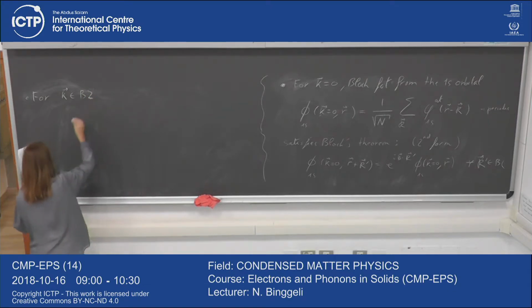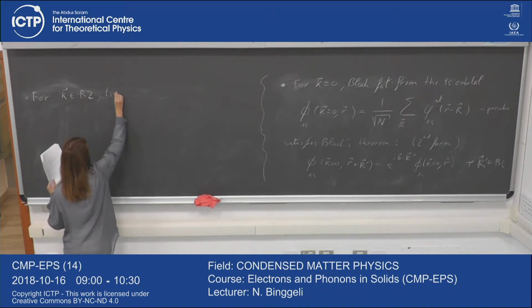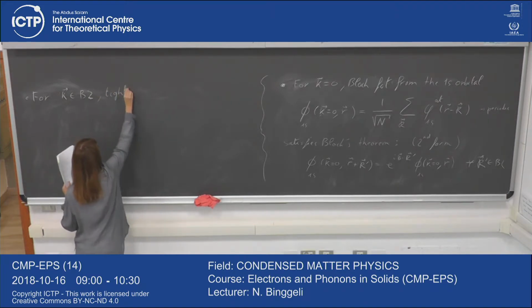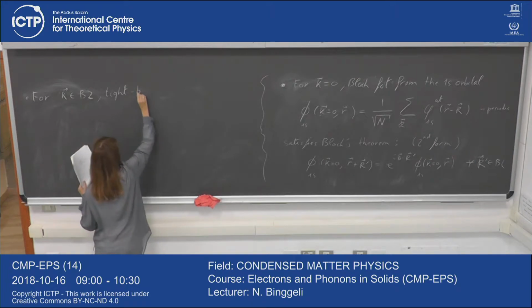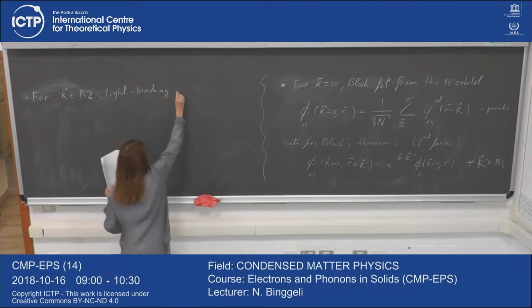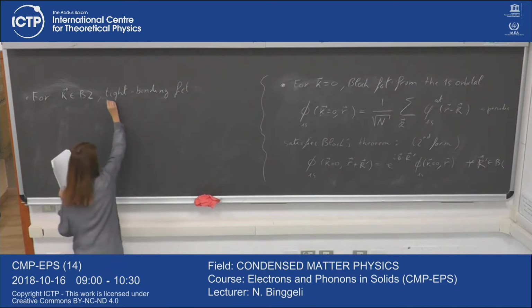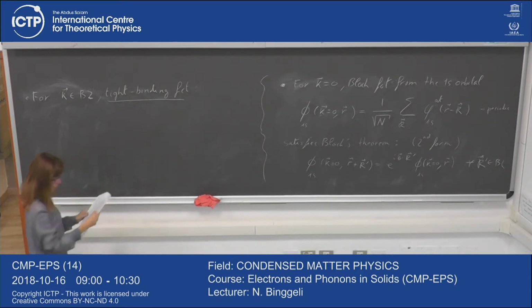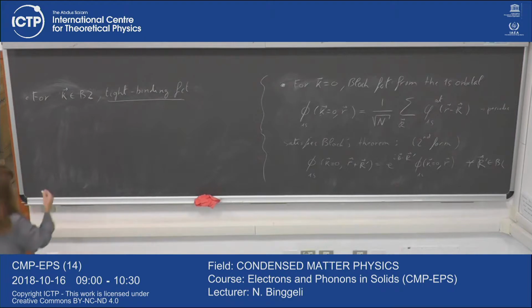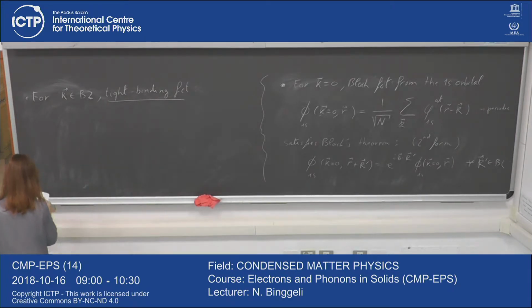the tight binding function has the following form, and this is an ansatz, and finally we show that indeed it satisfies the second form of the Bloch theorem.